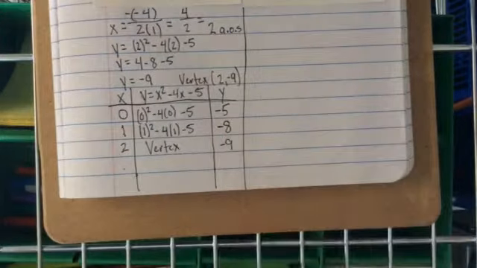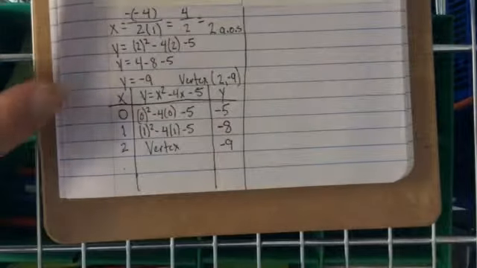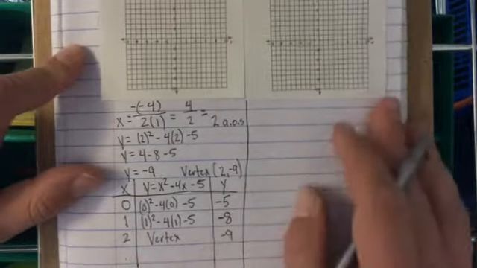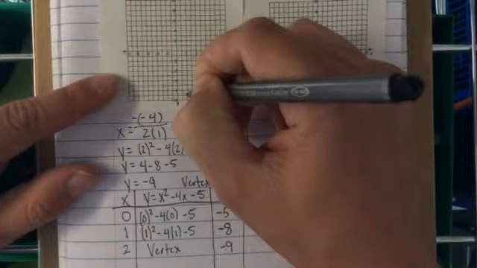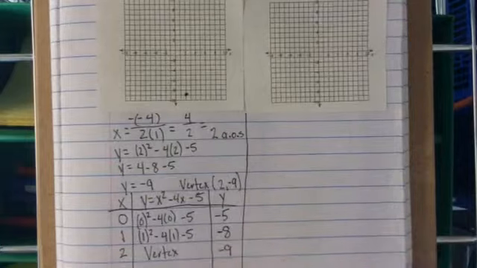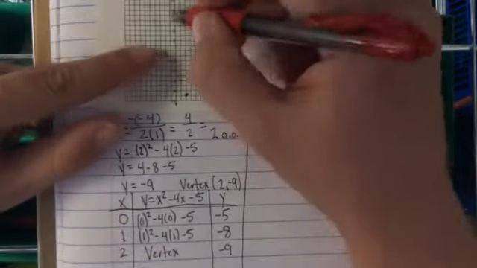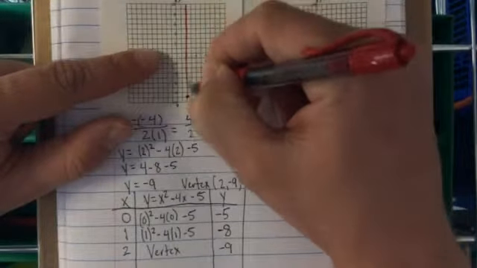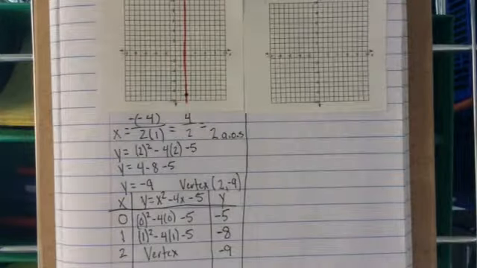So there are 3 points. We can go ahead and graph those real quick. So we're going to start with our vertex at 2, -9. And then I'm going to draw in our axis of symmetry, the line x equals 2. So this red line right here is our axis of symmetry.